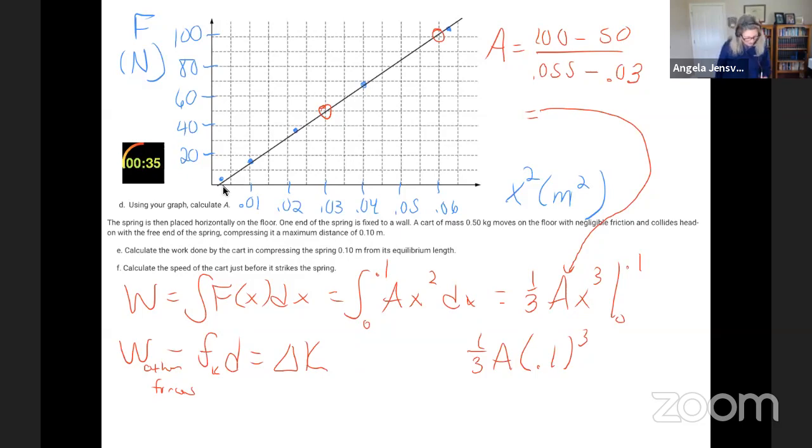I don't believe there's any friction, so you could just get rid of that second term, right? And then you could calculate it that way. And then change in kinetic energy is 1/2 m v final squared, which was 0 in this case, minus 1/2 m v initial squared, and that's what you're looking for, v initial. We don't have time to solve it, but that's how you would set it up, okay?